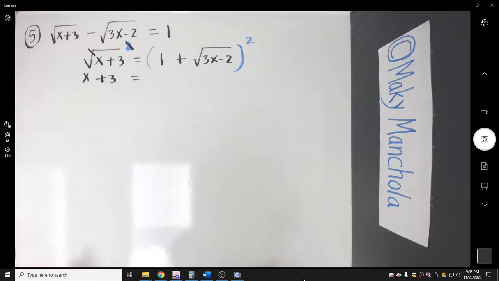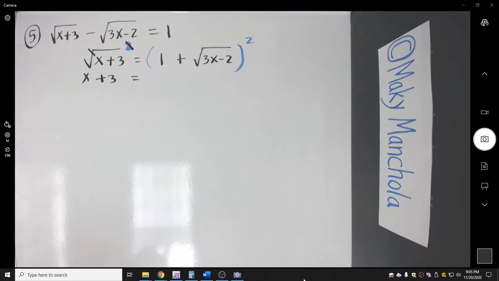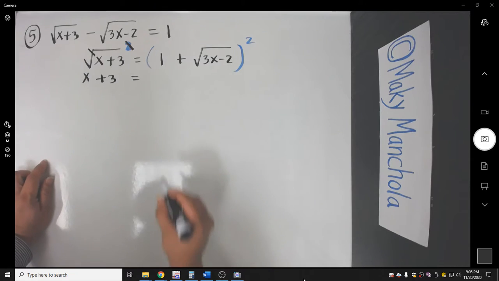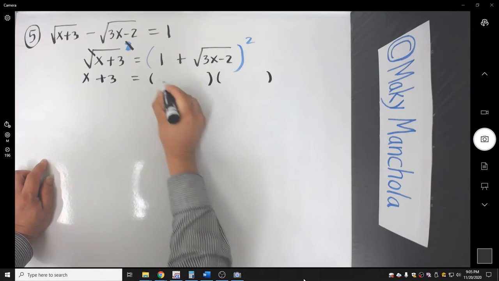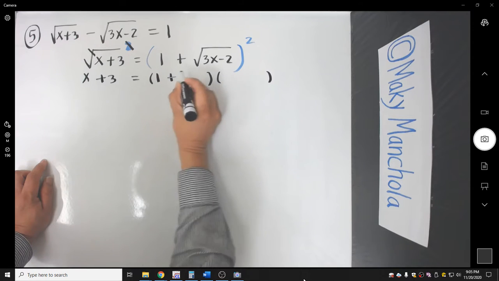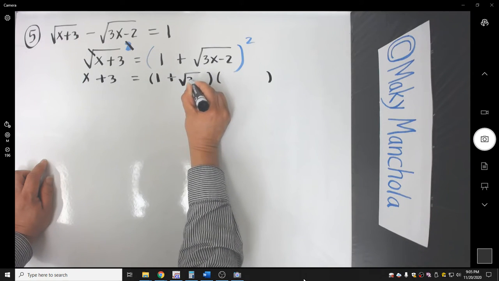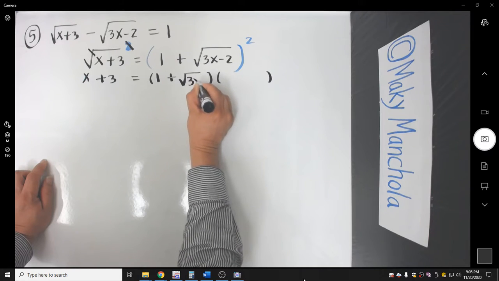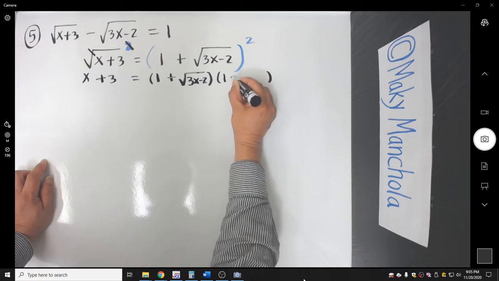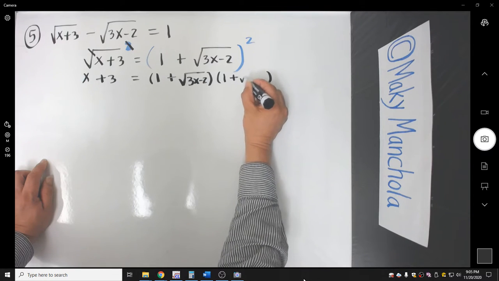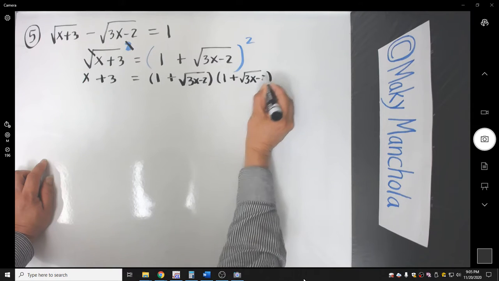On the right side, we are squaring a binomial, so we can multiply this explicitly by using distribution. So we get 1 plus the square root of 3x minus 2 times 1 plus the square root of 3x minus 2.